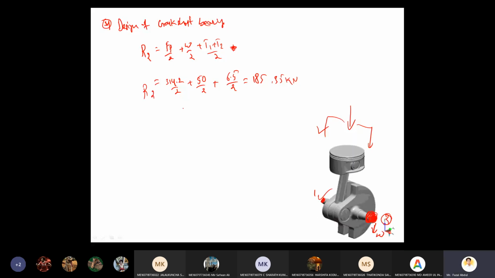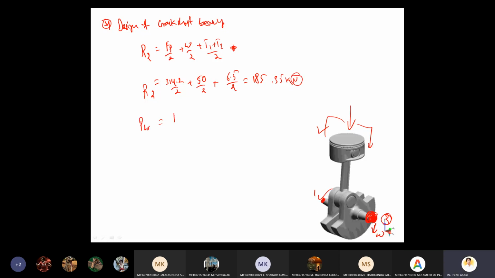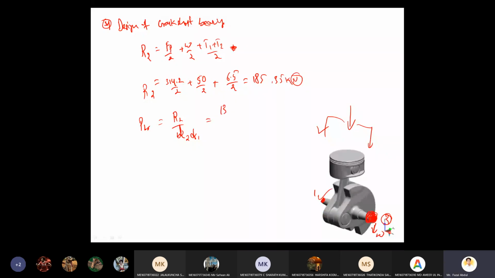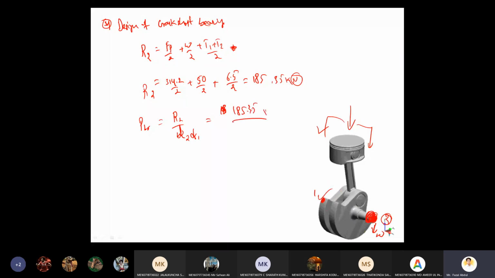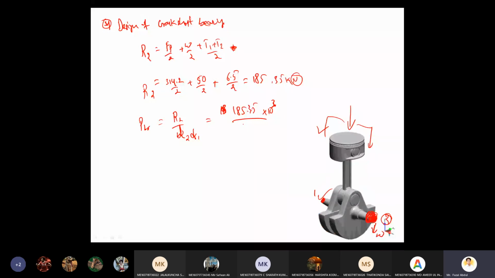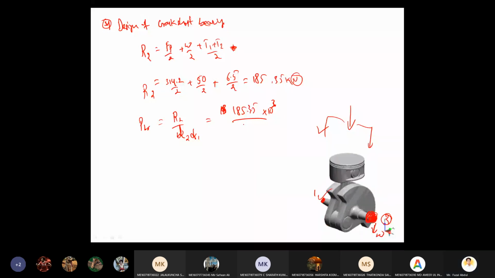Now the bearing pressure, in terms of newtons. The bearing pressure equation: bearing pressure is load by area. What is the area? L2 into Ds1. So force is 185.35 into 10 to the power of 3. L2 value we already calculated, 365.